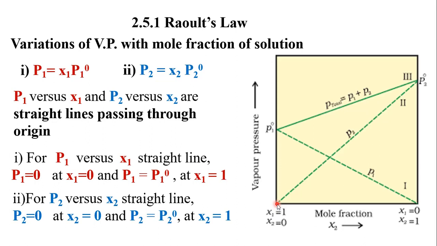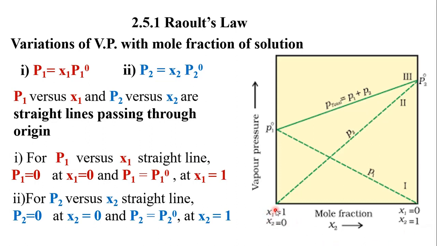And as the mole fraction of this goes on increasing, the vapor pressure also goes on increasing. And it reaches the vapor pressure of the pure component when x2 is equal to 1. Now suppose here A2 is more volatile than A1. That means the partial pressure of A2 is more than the partial vapor pressure of A1.